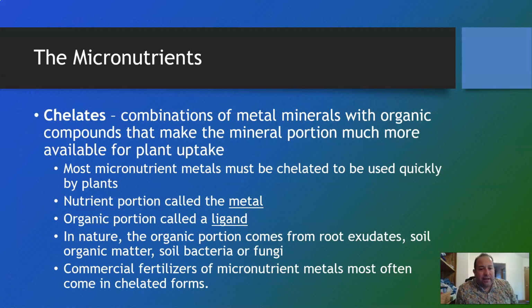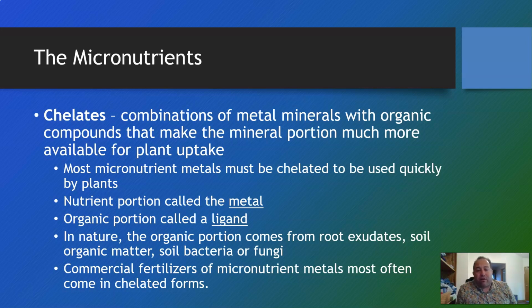Chelates, or chelates, I don't know which one is proper. You can go on Google and hit the little button when you type in chelates and see what it says. But they are combinations of metal minerals with organic compounds that make up the mineral portion that's available for plant uptake in terms of these micronutrients.